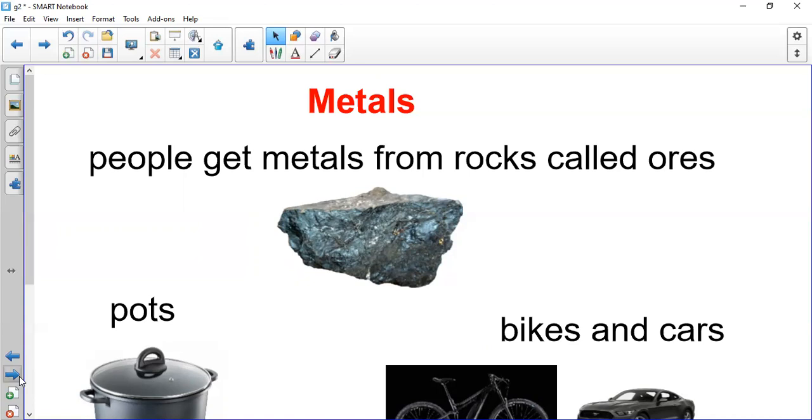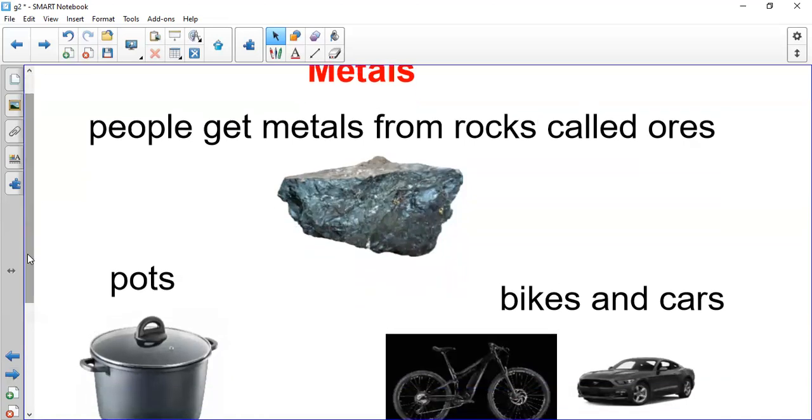How can we use the metals? We can use the metal to make pots, to make pans, to make bikes, to make cars. All of these things are made of metals. So where do we get metals from? We get metals from rocks called ores.